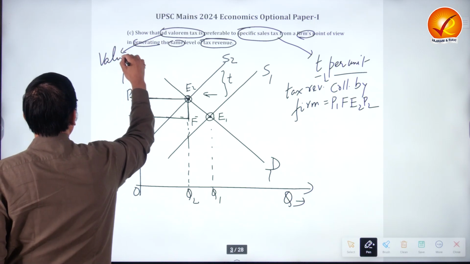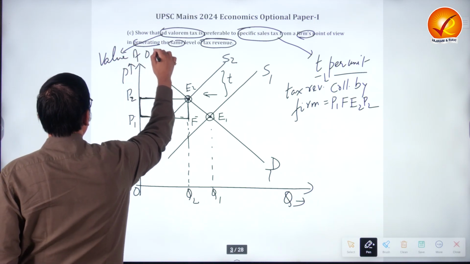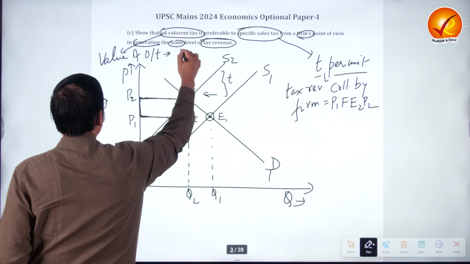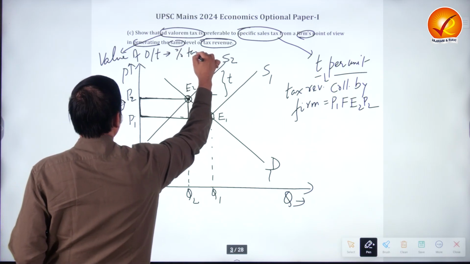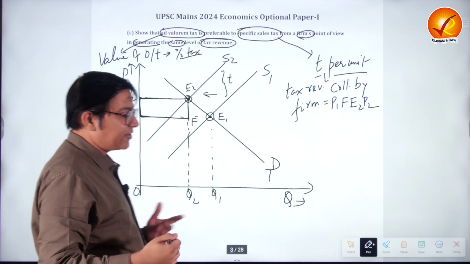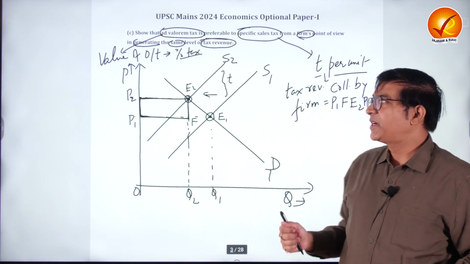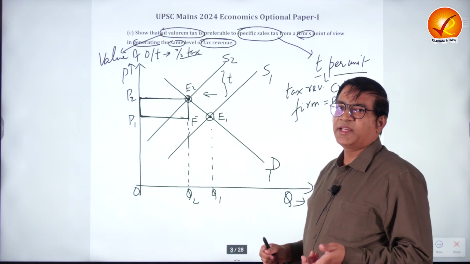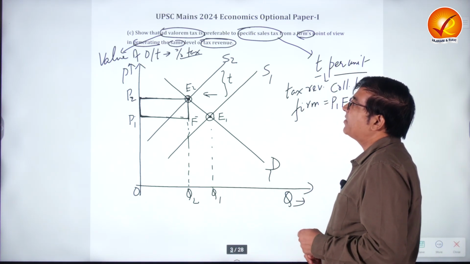By nature, ad valorem means a percentage tax on the value of output. For example, a 10% tax on the value of output. Most of the taxes are actually ad valorem, say GST, which can be given as an example.